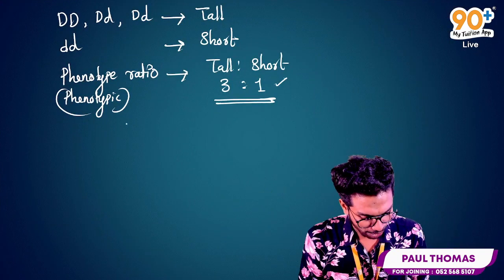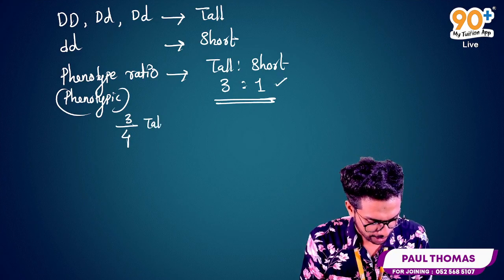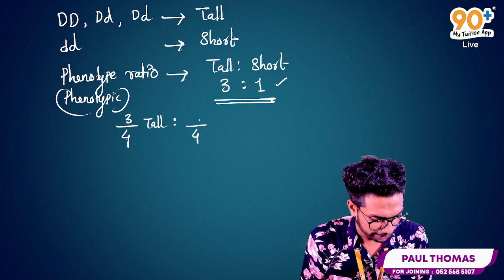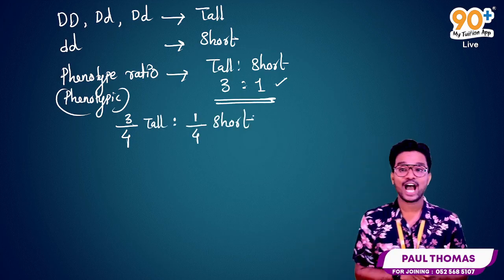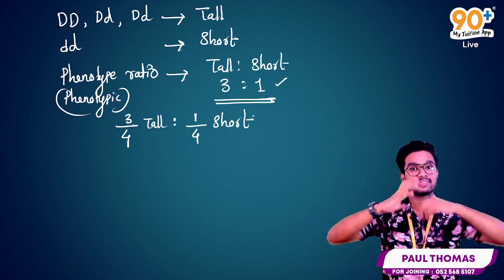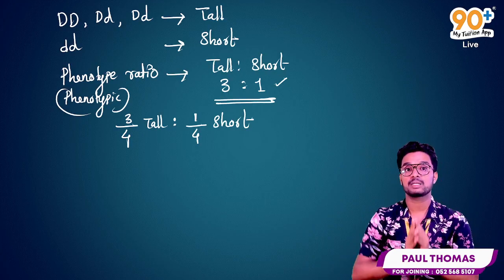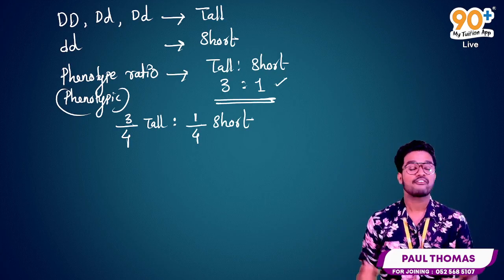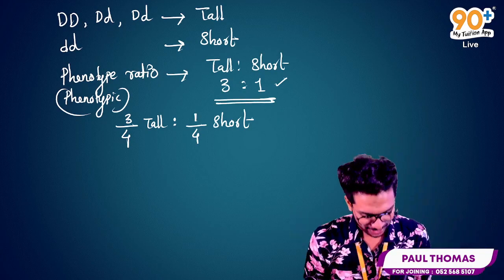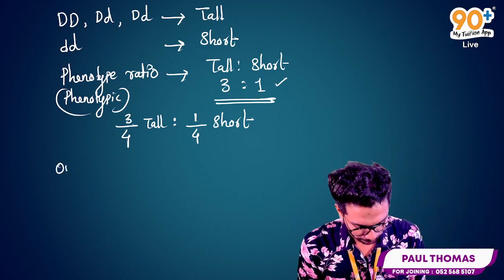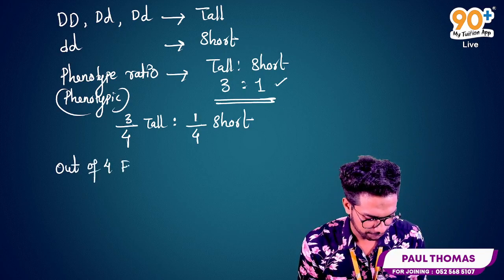That means out of 4, 3 are tall and out of 4, 1 plant is short. This is a ratio actually. Now we need to find out the possible percentage for getting our tall plant after this cross.